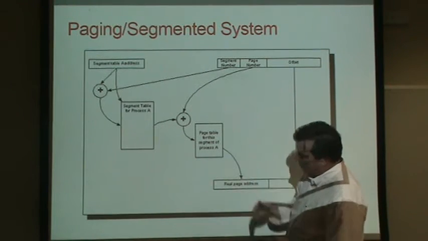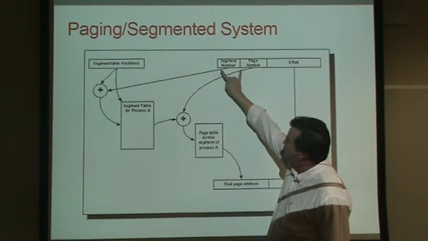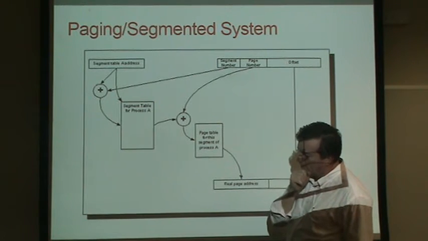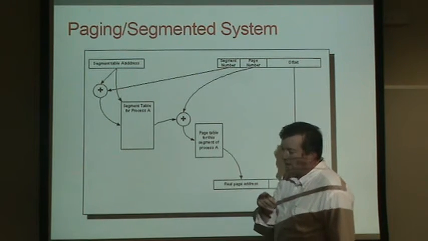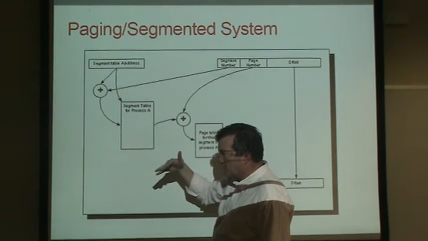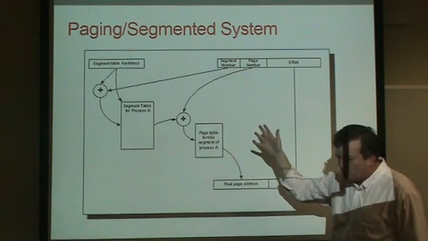You could turn your program into segments. For example, like you've written code in Java where you have your code, and as your program is running, you're declaring variables that are on the stack, like int x equals 2.